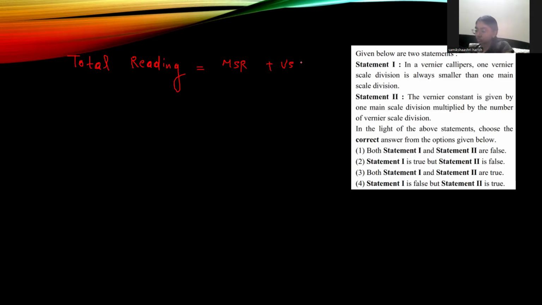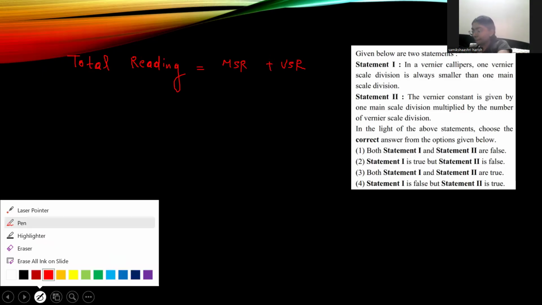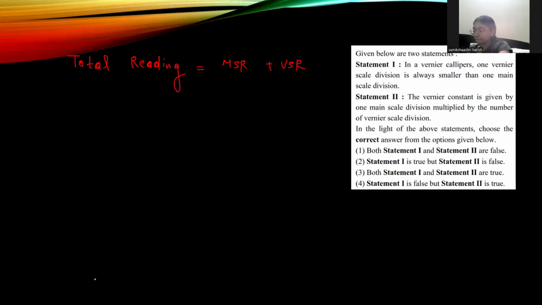And what is the main scale reading? What is VSR, the vernier scale reading? I will explain. MSR, what is it?